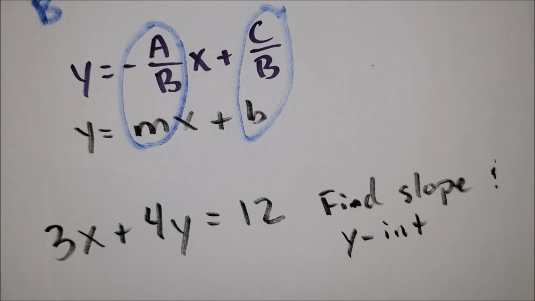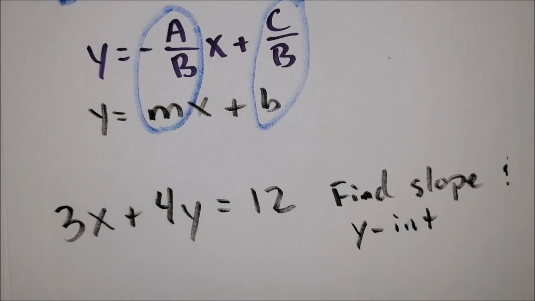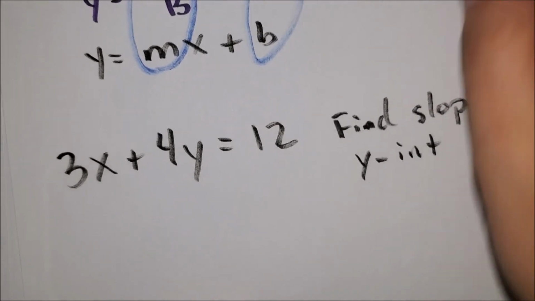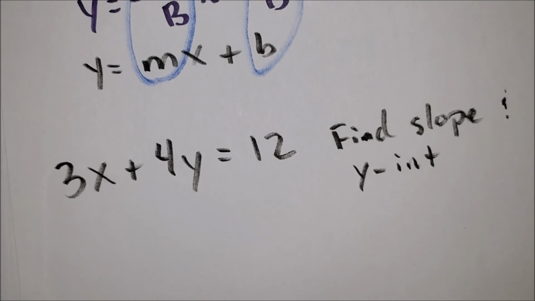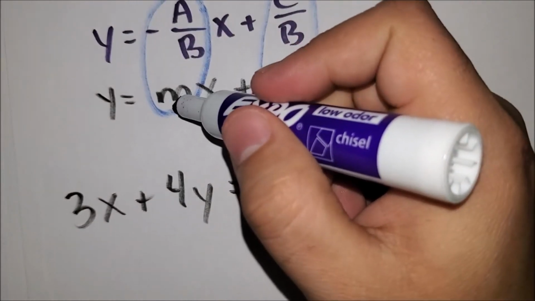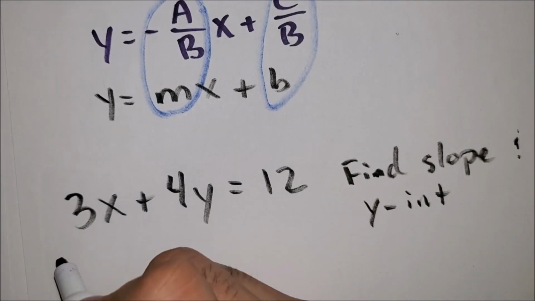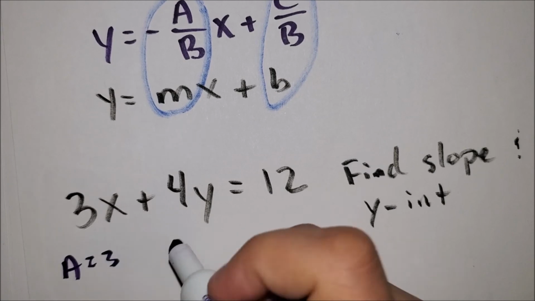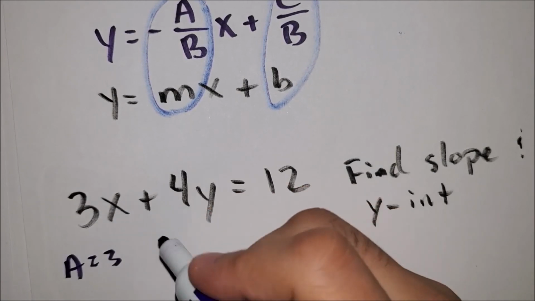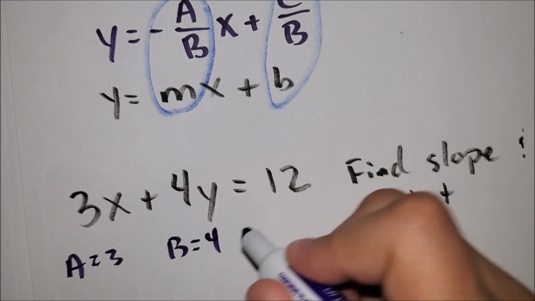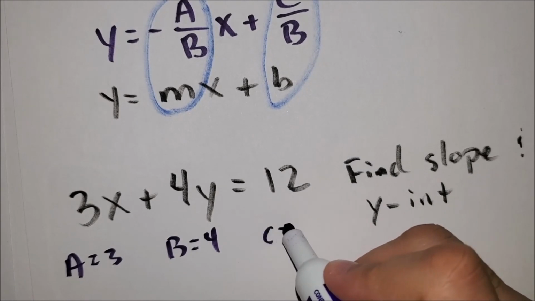Or maybe you're told to rewrite it in the y equals mx plus b form. Well, if we look at what we have here, m is negative a over b. So a is 3 because of here, b is 4, c is 12.